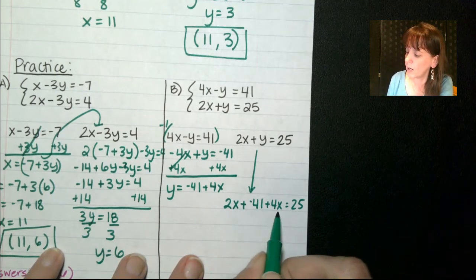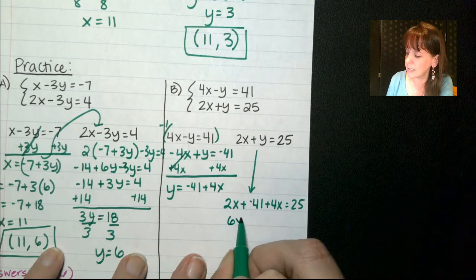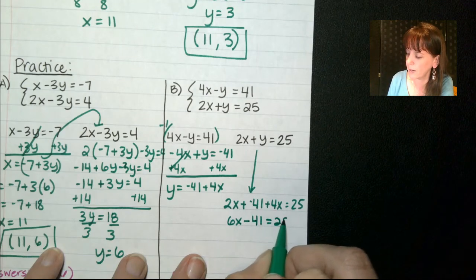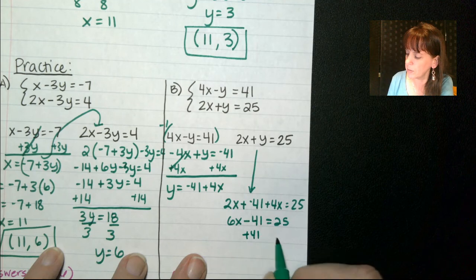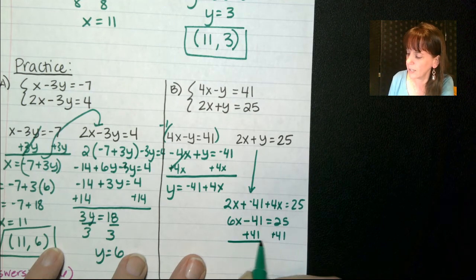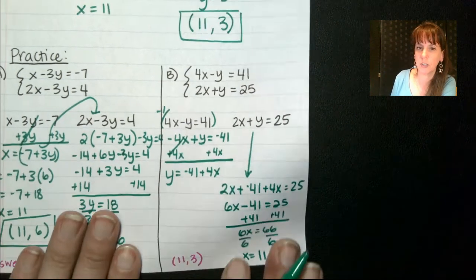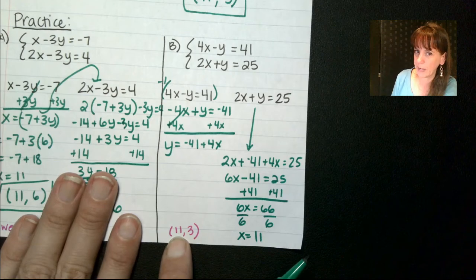So 4 and 2, that's going to give me 6x plus a negative 41, so minus 41 equals 25. Add 41 to both sides, and I get 6x equals 66. Divide both sides by 6, x equals 11, which is good because that's what I've got here for my x.